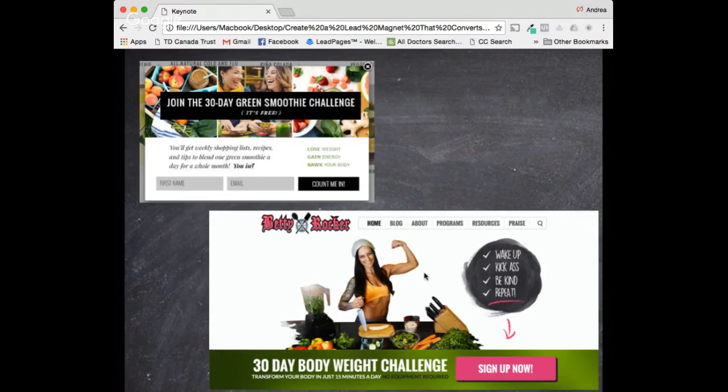And then in the bottom here, we have Betty Rocker, who has like the coolest name, I think. And she has her 30-day body weight challenge. And the 30-day body weight challenge is transform your body in just 15 minutes per day. So again, what's the problem is people want to have a body like her. They don't want to be going to the gym, and they don't want to be spending a ton of time working out.